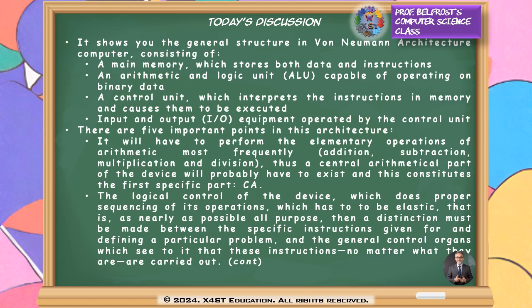Second, the logical control of the device, which does proper sequencing of its operations, which has to be elastic, and as nearly all-purpose as can be done. Then a distinction must be made between the specific instructions given for defining a particular problem and the general control organs which see to it that these instructions, no matter what they are, are carried out.